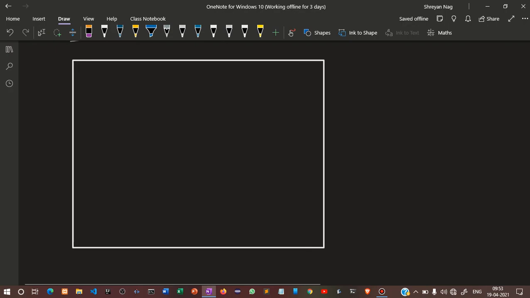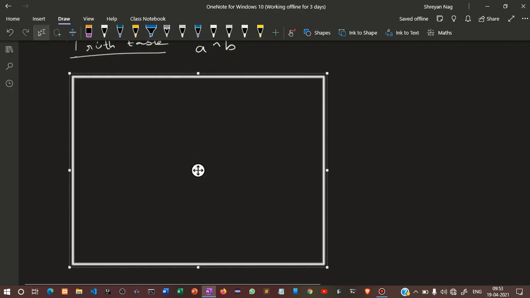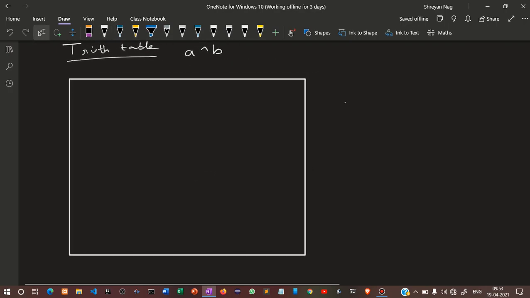Conjunction says that all the statements have to be true to be ultimately true. So let us draw the truth table first.